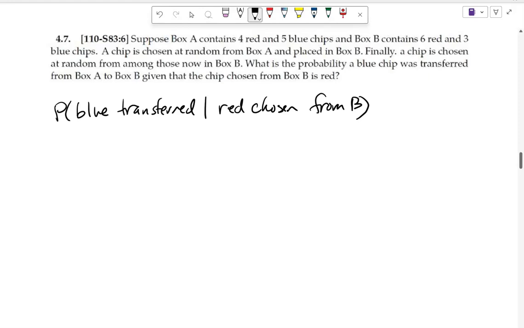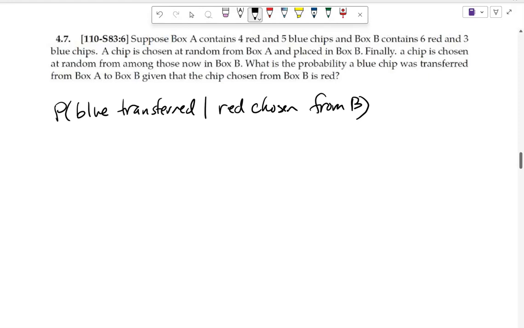All right, so if I think about that, it's pretty easy to do it the other way around. That's kind of my indication that I might want to use Bayes' theorem on this, or get it flipped around. If I know that I transferred a blue one, can you easily calculate the probability of drawing a red one from B? Yeah, I can do that easily, right? Because if I put a blue one over in B, there's 6 red and 4 blue, and you want a red one, that's 6 out of 10. Right? 3 out of 5.